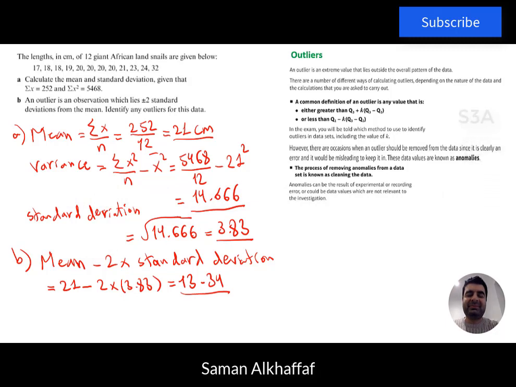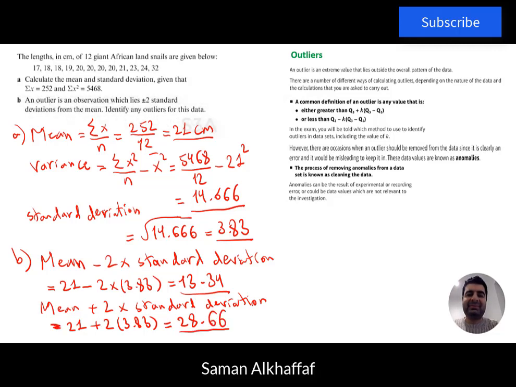Now we find the mean plus 2 multiplied by the standard deviation. So that will give us 21 plus 2 multiplied by 3.83, so that will give us 28.66.